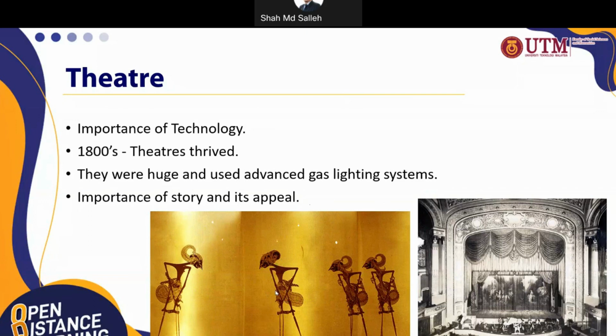The tok dalang will tell the story about this animation. The movement is controlled by sticks, for example, by hand. And then behind the tok dalang, they are using, for example, a gas lighting system, manually. Okay, that is in our country.